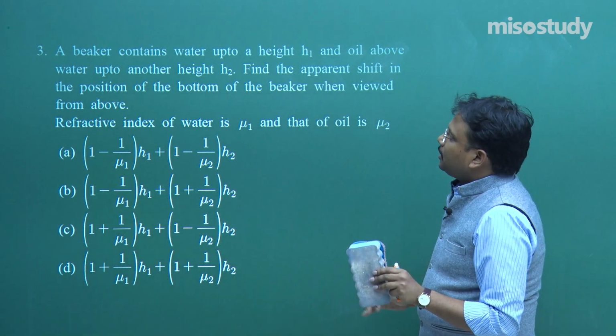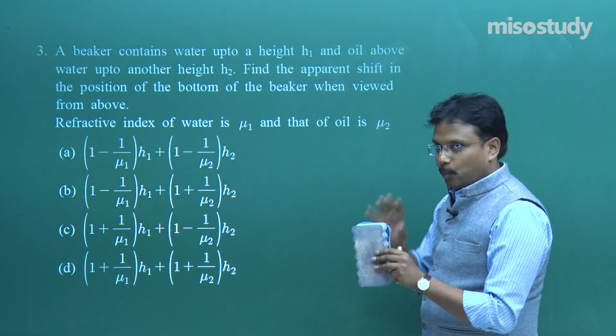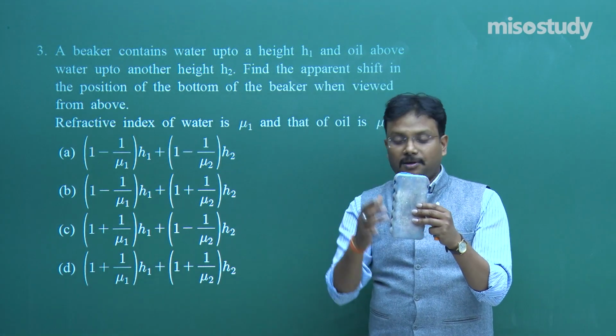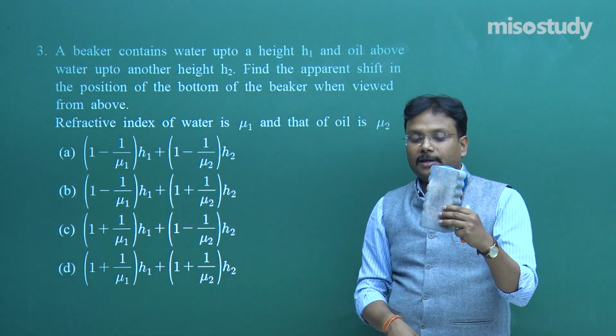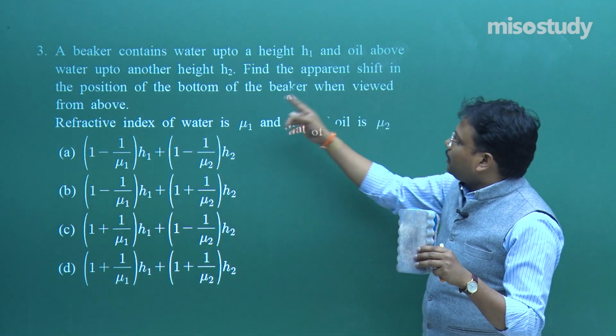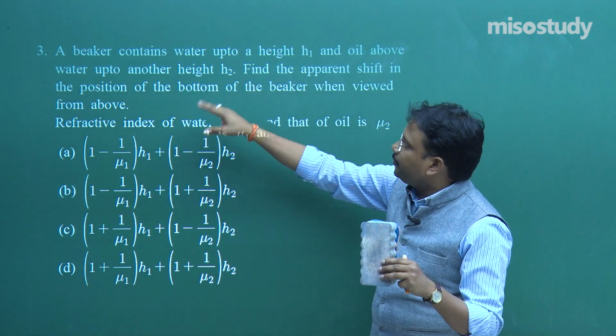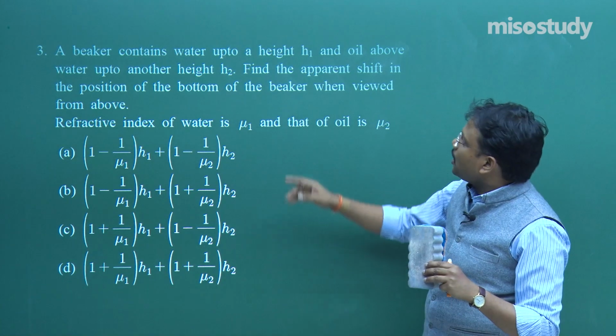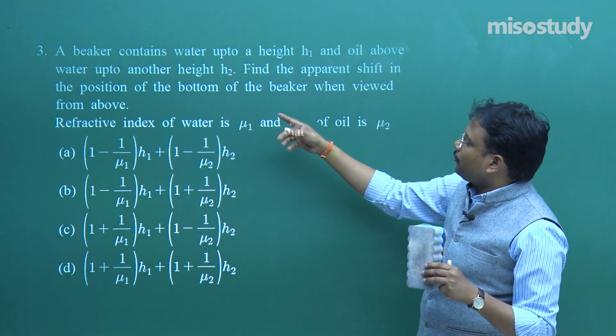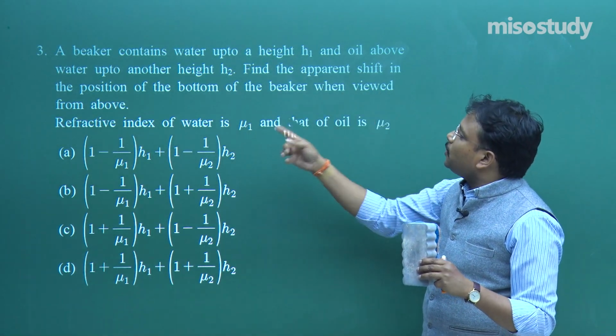A beaker contains water up to a height h1. Let's say this is a beaker, imagine, and it has water up to some height. I'll draw the diagram, don't worry. After that, oil above the water of another height h2, let's say this height. Find the apparent shift in the position of the bottom of the beaker when viewed from above.